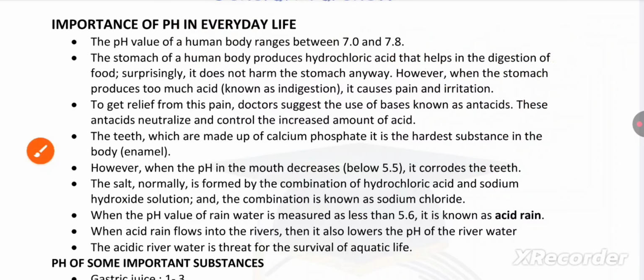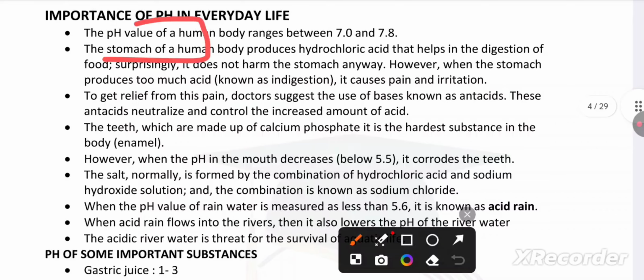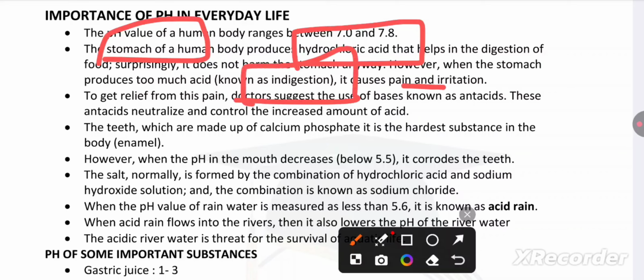Stomach: it is acidic and produces hydrochloric acid. It does no harm, but if it produces too much, indigestion happens, with pain and irritation in the stomach. For relief from the pain, use an antacid, as I already told you.